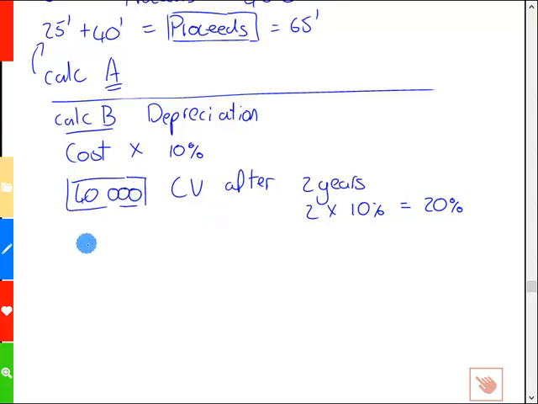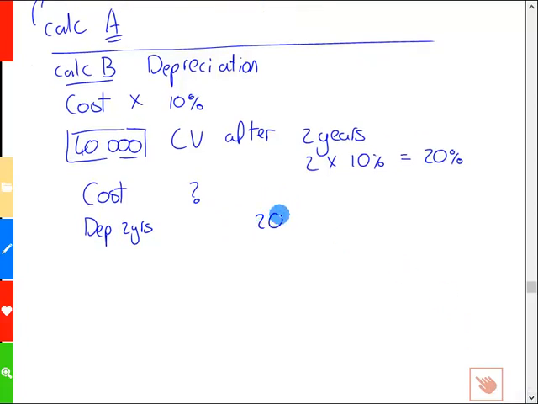Let me help you. The original cost price would have been a certain amount. Then we had the depreciation for 2 years, and that is 20%. The original cost is 100%, and we know the carrying value is going to then represent 80%, and we know this value is 40,000 Rand.